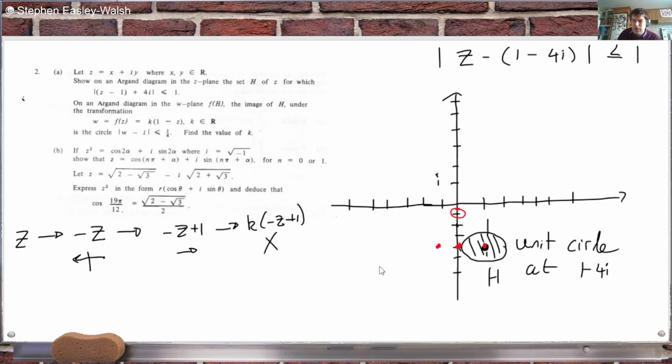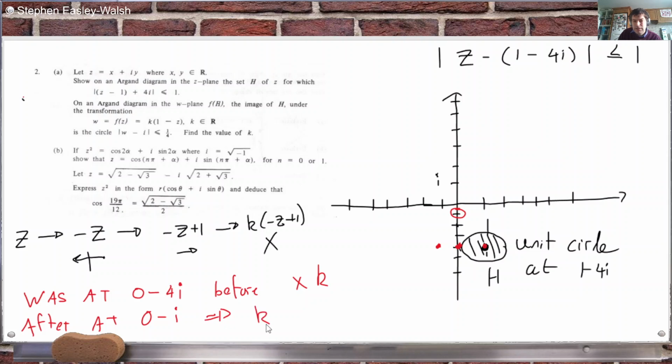If it was at 0 minus 4i before you multiply by k, and then after it's at, what did they say, minus i, so 0 minus i, then that means the k looks like it's 1/4.